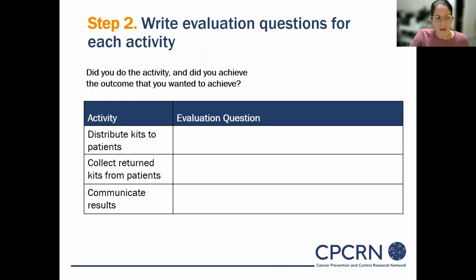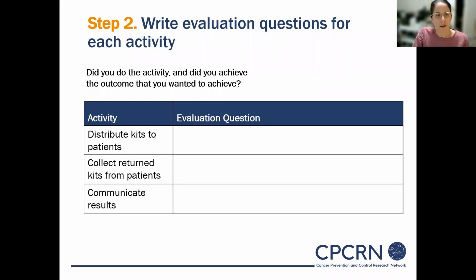Other questions that you can think about when thinking through evaluation questions are, is this activity being implemented as planned? Is the intervention feasible and acceptable? Are you reaching the patients that you intended to reach, especially those at greatest risk? Are you reaching other audiences, perhaps providers or policymakers?